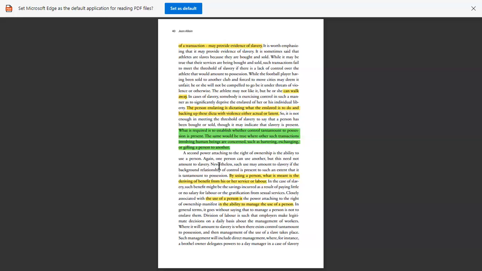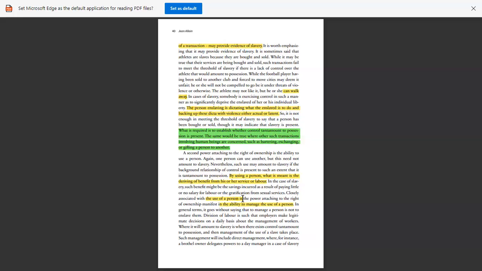So if you think about that, if there's been a long-term relationship or some background of a relationship, the use of that relationship, or the use of a person through that relationship, may be tantamount to possession. So by using a person, what is meant is the deriving of benefit from his or her service or labor.